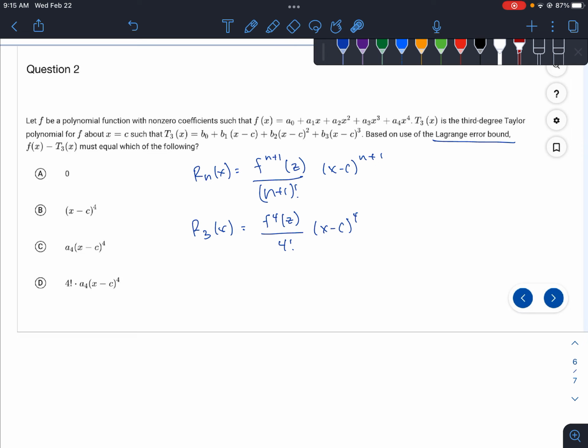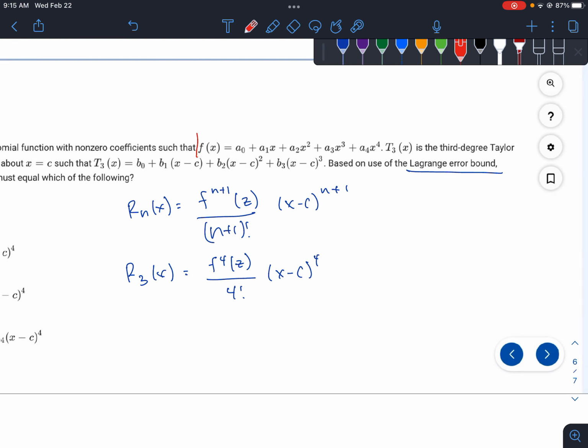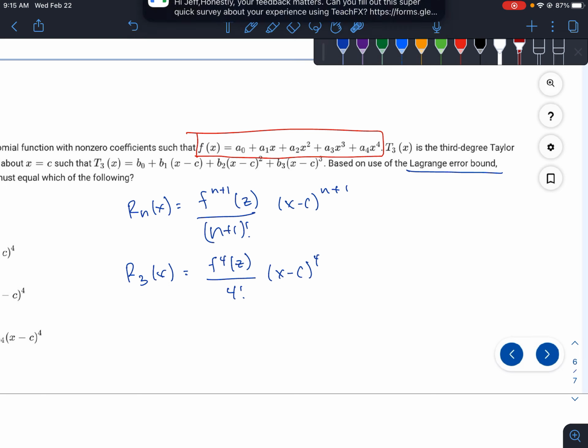So let's think about what the fourth derivative is right here. What is the fourth derivative of the function? Well, the fourth derivative of these terms is going to be 0, 0, 0, 0. Now for this term, if I take the derivative 4 times, I'm going to drop the 4, the 3, the 2, and the 1, and that's going to leave x to the 0, which is 1.